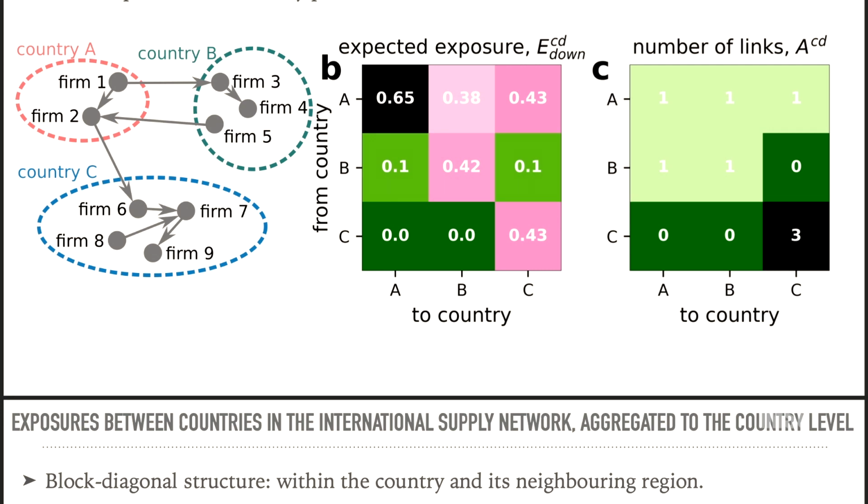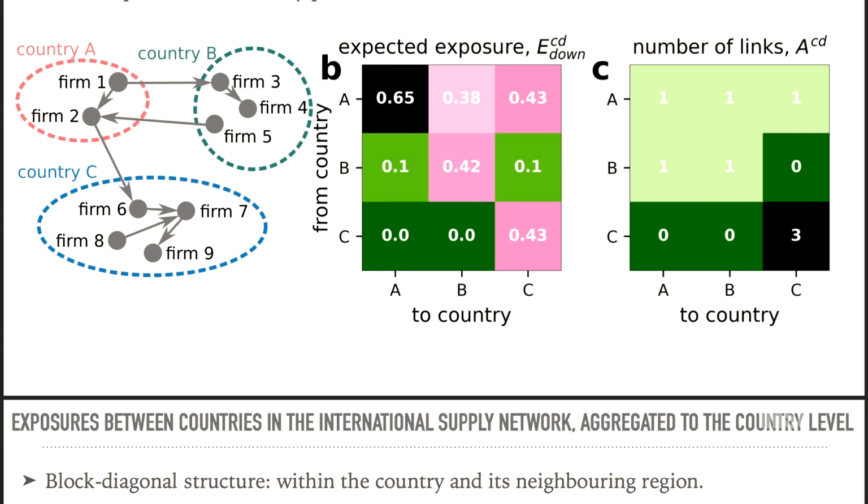Here, C D down represents the downstream effect. One can also equivalently measure the upstream effect depending on demand shocks, but here I will only tell you about this downstream exposure.